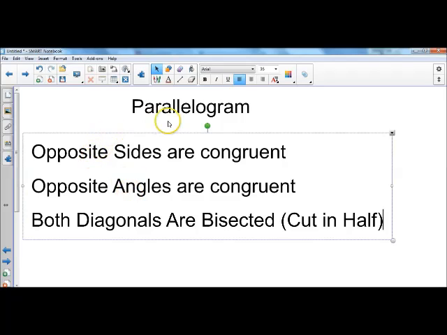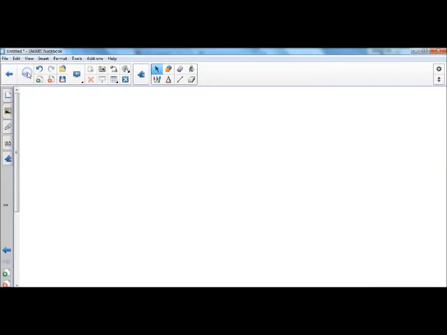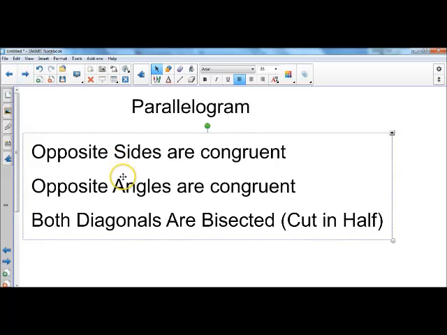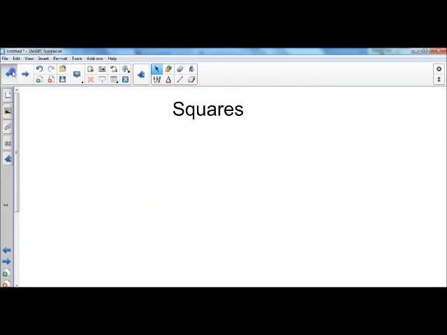So when I'm asking you to list the properties of, say, a square or a rectangle, we automatically get the same properties as a parallelogram because they are parallelograms. So please understand that concept.